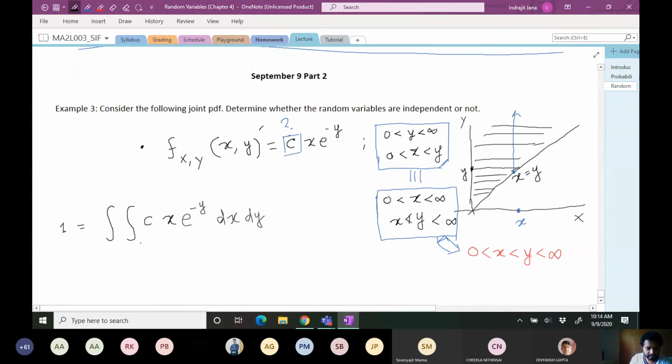The bounds of x are from 0 to y, and the bounds of y are from 0 to infinity.